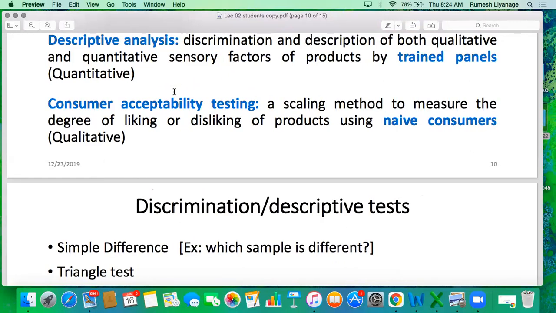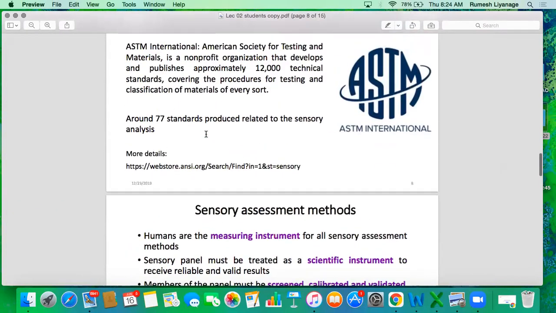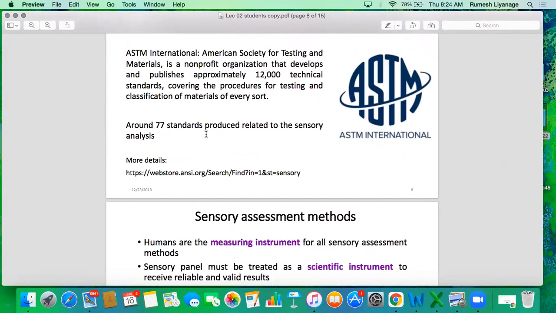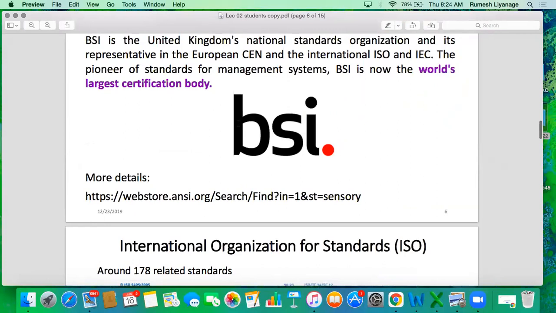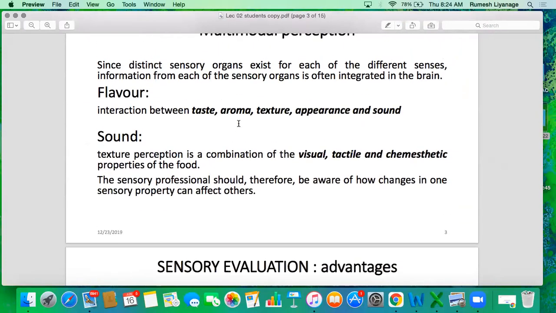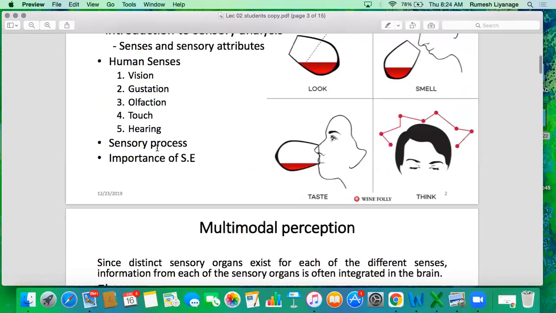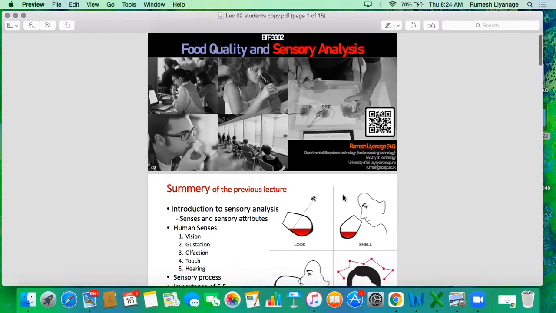Under consumer acceptability testing, they have different methods, right? So you had better understand these things, and I will do the next session today, tomorrow, or day after tomorrow. I'll share the Zoom link. So please read these articles, read these slides and try to understand. Right? Any questions regarding these 2 lessons?